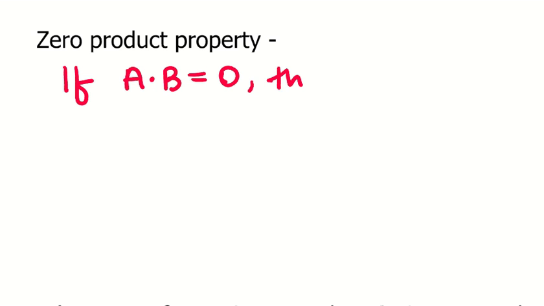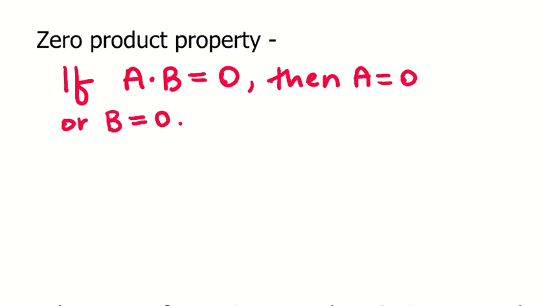If you've got two numbers and their product is 0, then it must be the case that one of them is 0, right? You're not going to multiply two non-zero numbers together and get 0. That's not possible. So we'll say either A equals 0 or potentially B equals 0. That's a guarantee. That's why we like to factor.